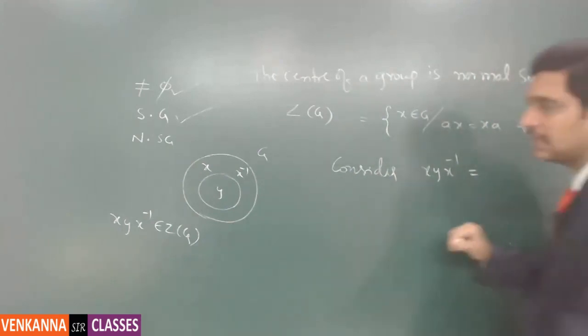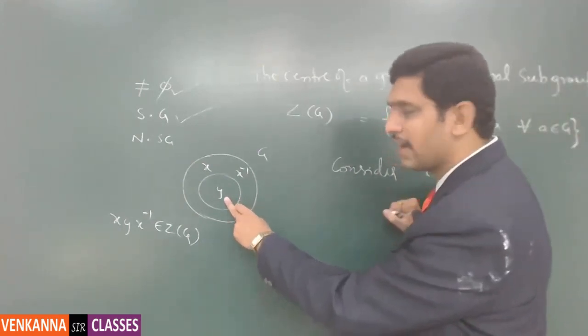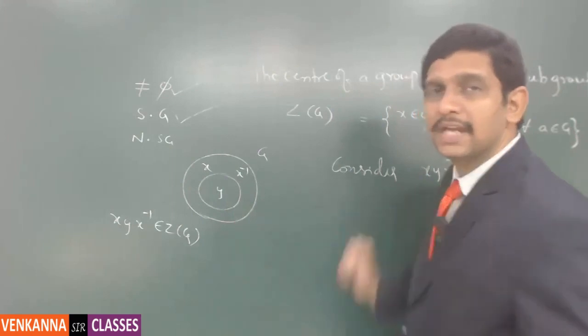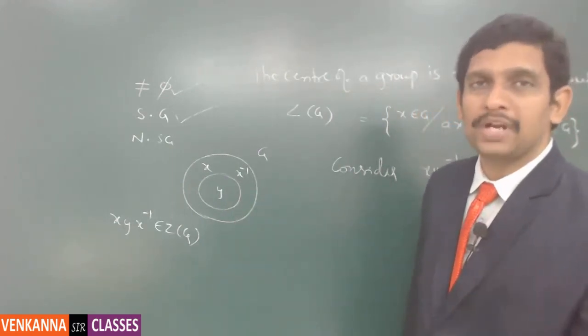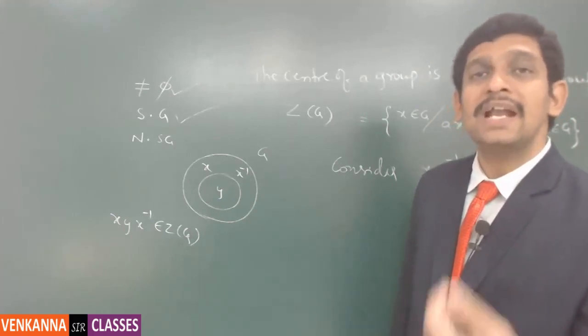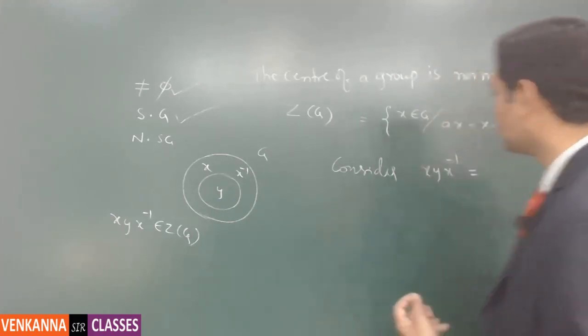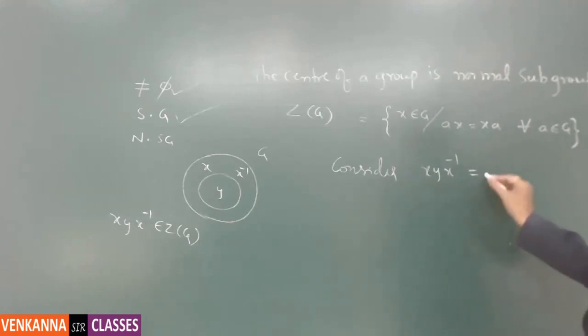Please understand that as and when you take Y in the center, it means that element is satisfying the commutative property with each and every element of G. So you can replace this as Y X X inverse.